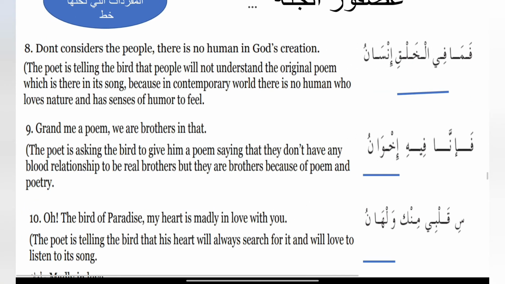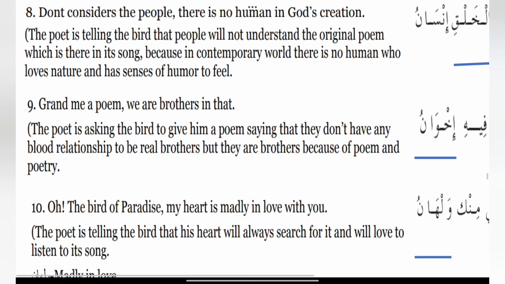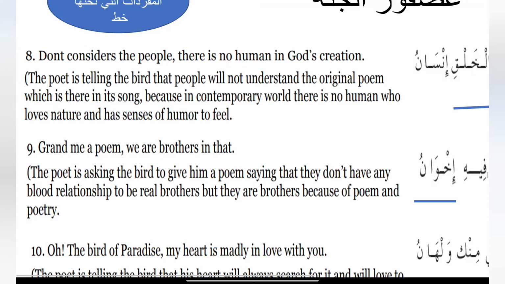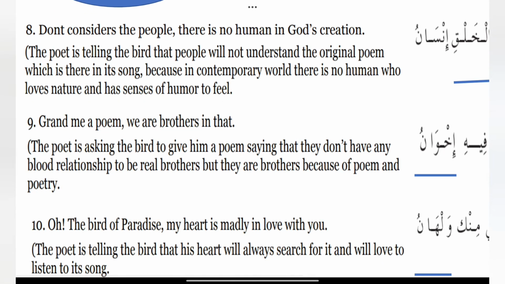So the explanation: don't consider the people, there is no human in God's creation. The poet is telling the bird that people will not understand the original poem in its song, because in the contemporary world there is no human who loves nature and has the sense to feel.